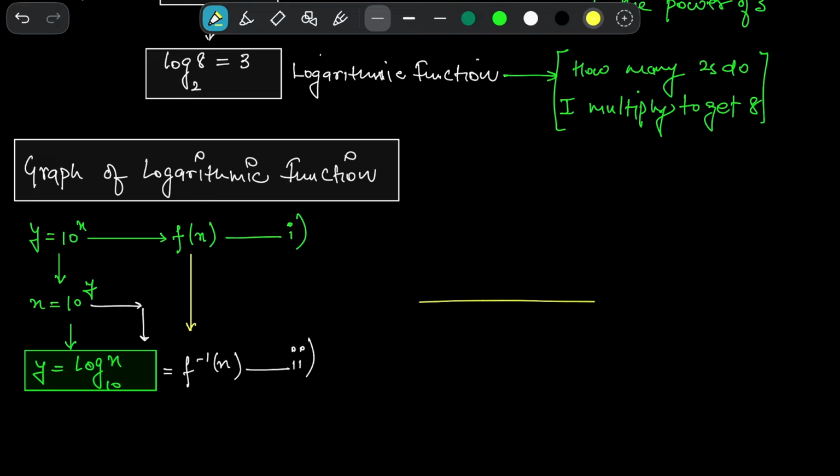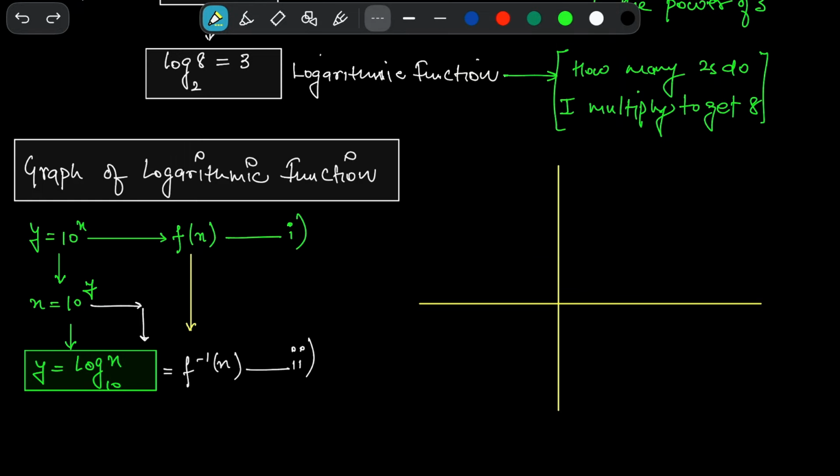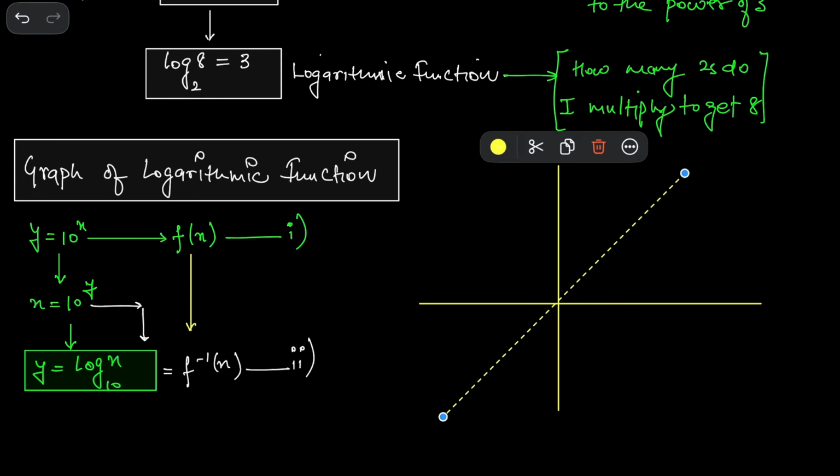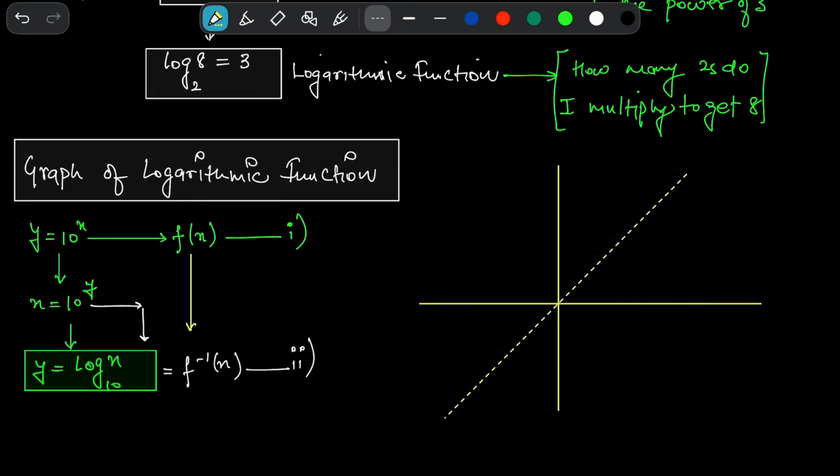To understand this, I am drawing the x and y axes. Quickly I will draw the line y equals f of x. This line y equals f of x passes through the origin, inclined at an angle of pi by 4. This is going to be the reflection line of both the curves, because inverse functions reflect themselves in the line y equals x.